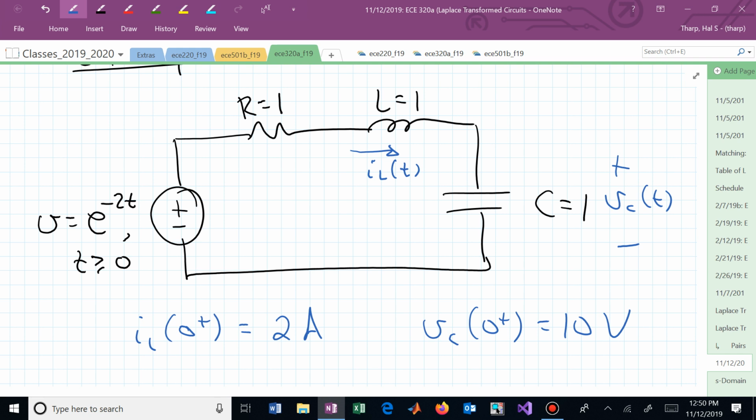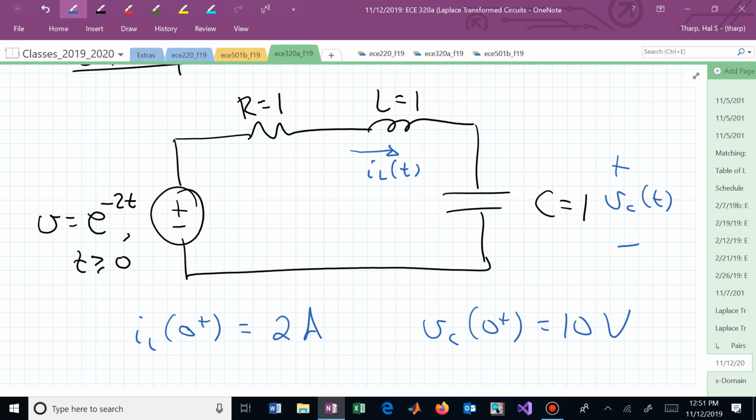So I wouldn't worry so much about how I'm going to think about these inductors and capacitors. I'm just going to say, oh, I've now been given some additional information. Now essentially you have more than just one source. You now have these initial conditions acting like additional sources, essentially.